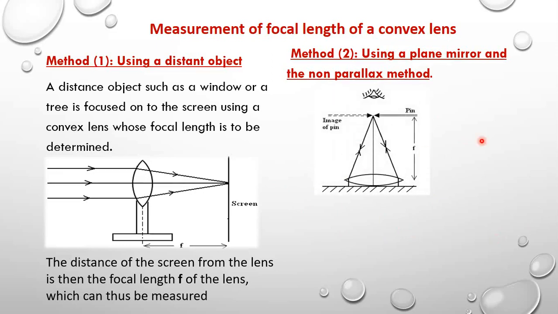And then after placing it here, we shall clamp a pin horizontally above the convex lens, such that its apex or its tip is along the principal axis of the convex lens. This tip must be along the principal axis.